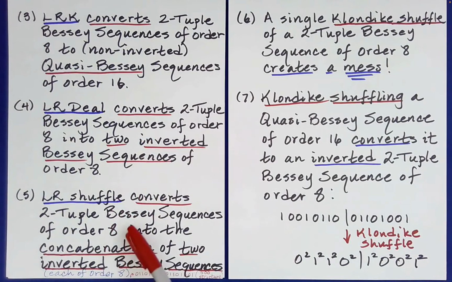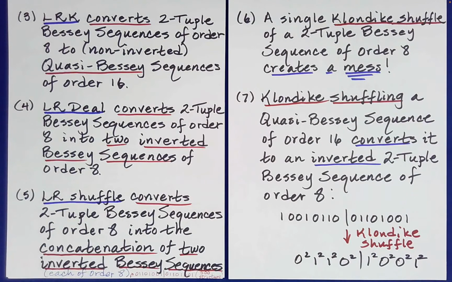And even the LR shuffle by itself will do something in which we still have knowledge of the resulting structure. Now, that is not true for a single Klondike shuffle in which no other shuffling is done immediately after it. It will indeed create a mess. Okay, so a single Klondike shuffle is bad to apply to a two-tuple Bessie sequence of order 8.